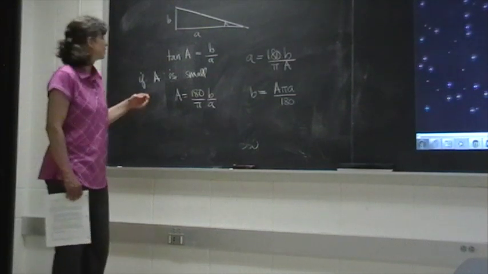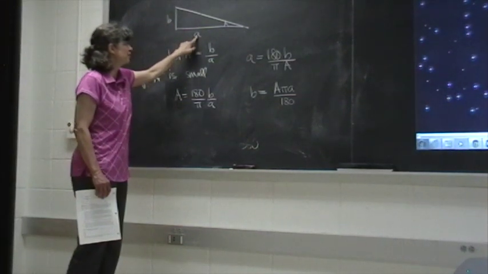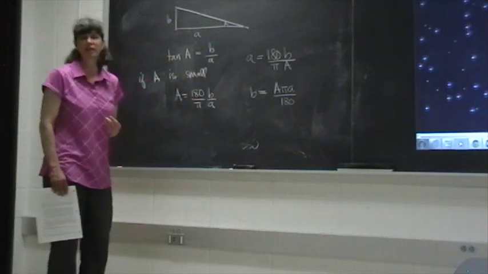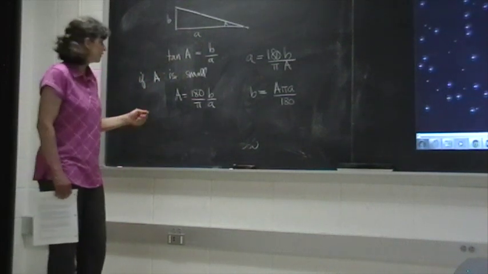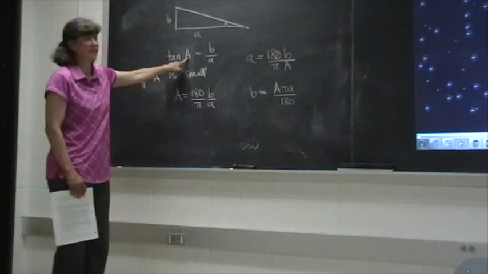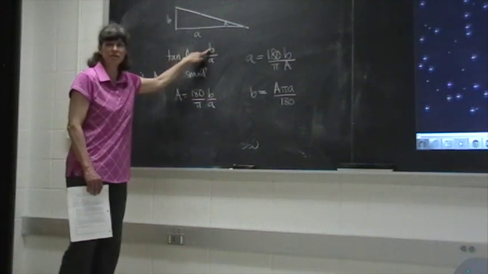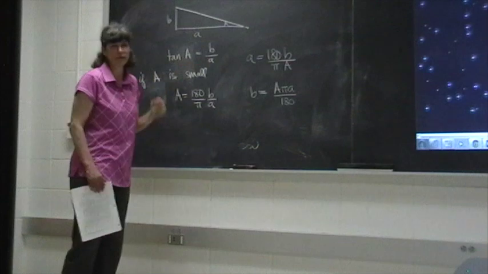And so they define the ratio of the side opposite to the side adjacent for this particular angle as a function called the tangent. And they just then define the tangent of this angle A as the ratio of these 2 sides, which we're representing as B over A.